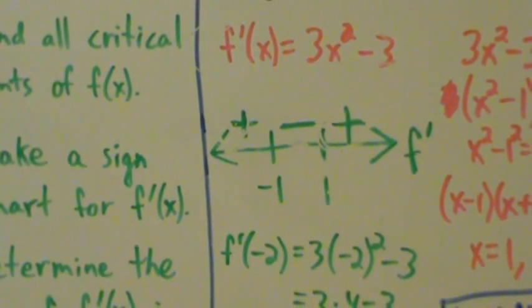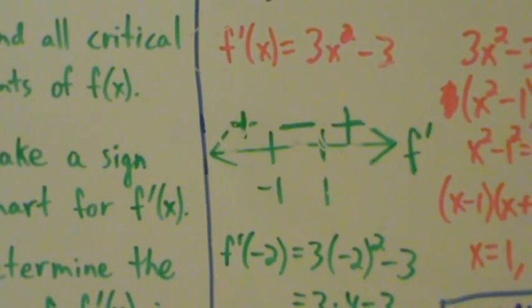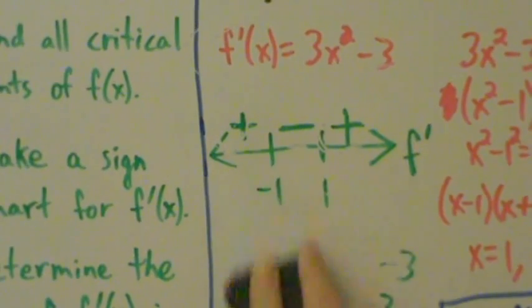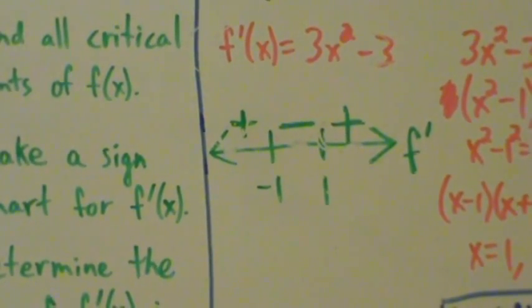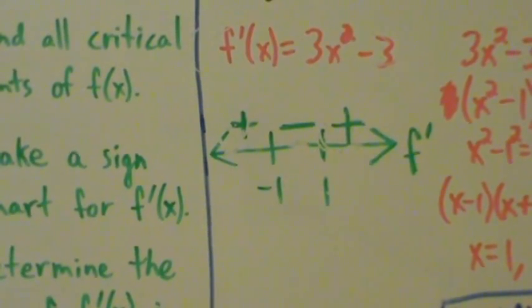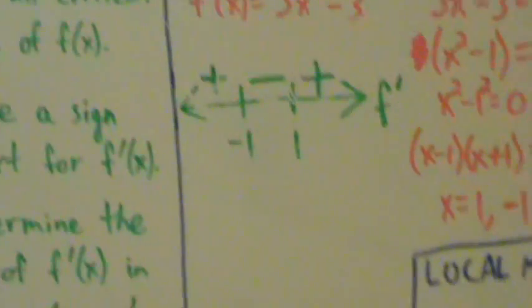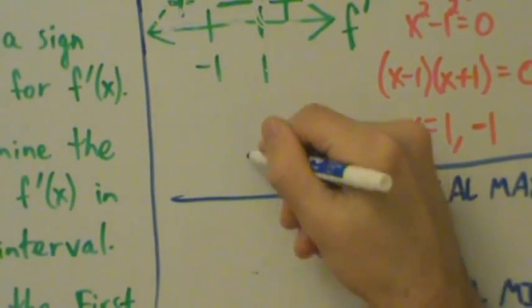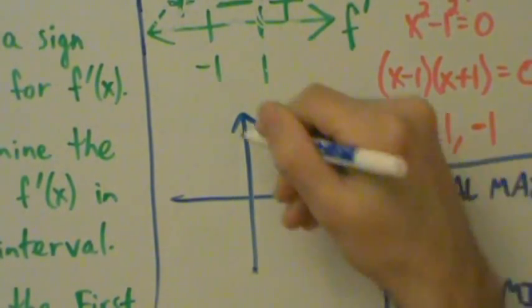As a check, if you want to toss this into a graphing calculator, you can see what it looks like. Let's erase some of this and set up a coordinate axis, x-axis and y-axis.